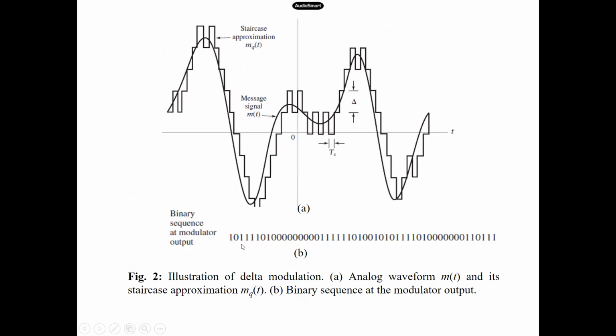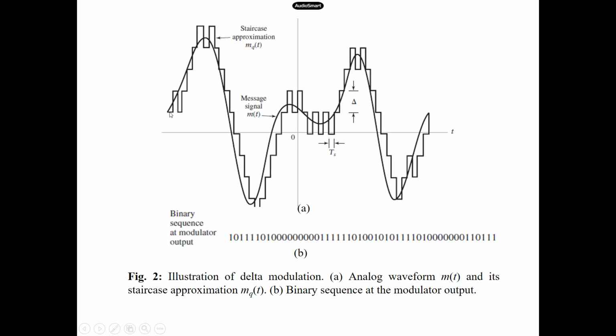Now, how does it work? Suppose we have a sequence of this form, and this sequence is generated from a given continuous-time signal. You will be able to understand how the staircase approximation works with the help of this binary sequence. We start from this point, and this is our delta modulated signal.